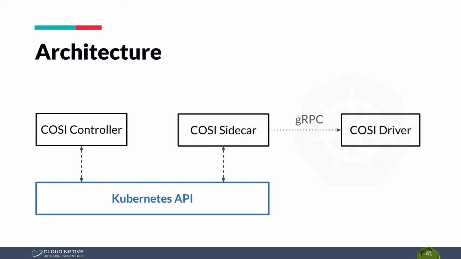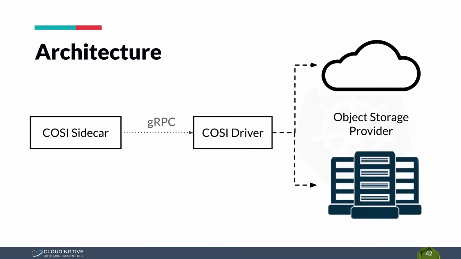Once the controller validates everything, it creates an intermediate object that the sidecar then receives, and the sidecar would take that intermediate object and translate it into a gRPC call to the driver. The driver is then responsible for going to the object storage provider, either on the cloud or on-prem, and taking the necessary steps. The sidecar will only respond to requests that are meant for that specific provisioner.